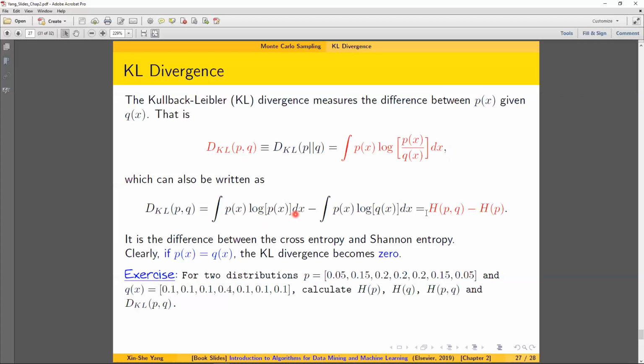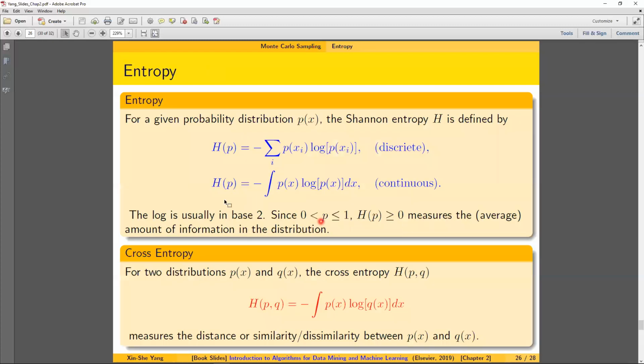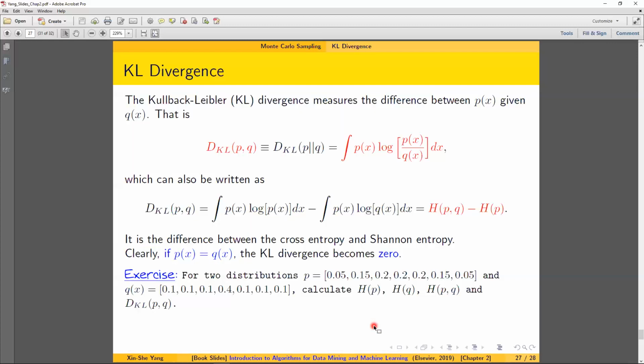Based on the definition, negative P(x) log Q(x) dx is what? It's cross entropy. Remember this negative sign; if you flip to the previous page, this is cross entropy, H(P,Q).